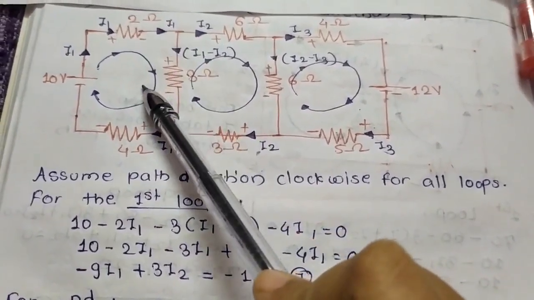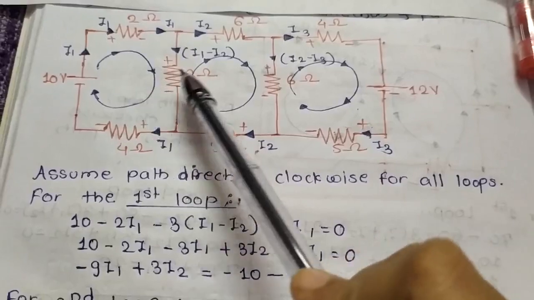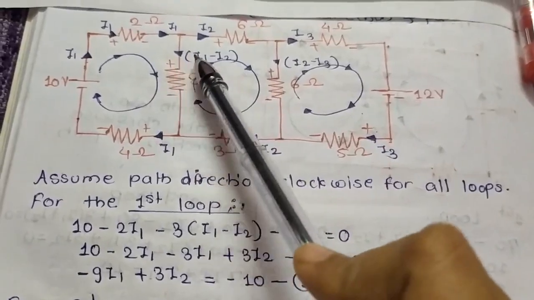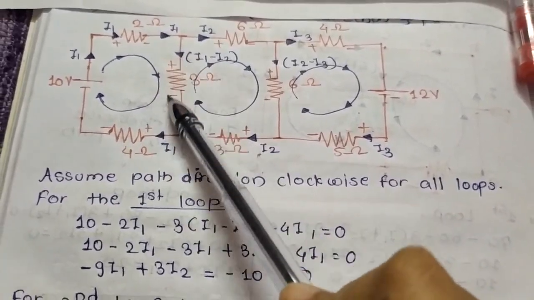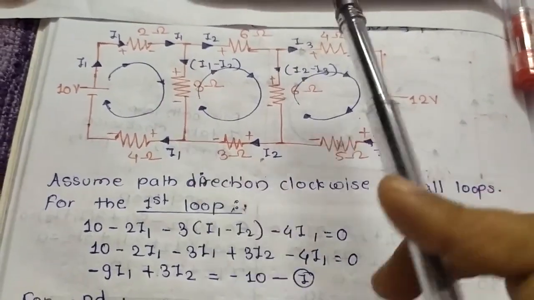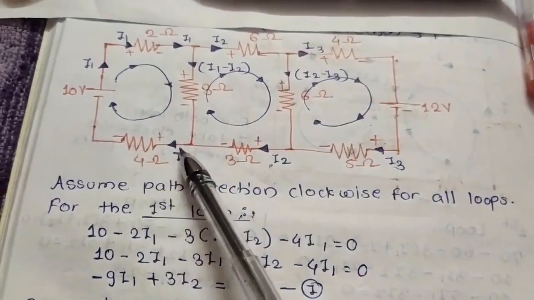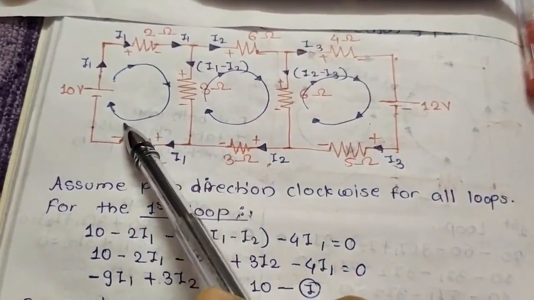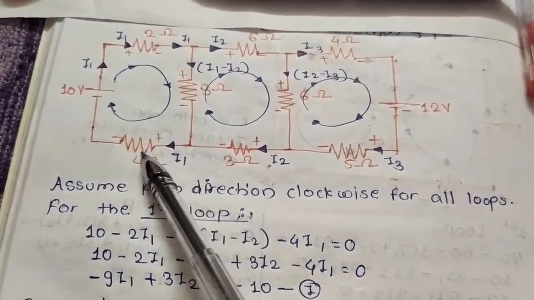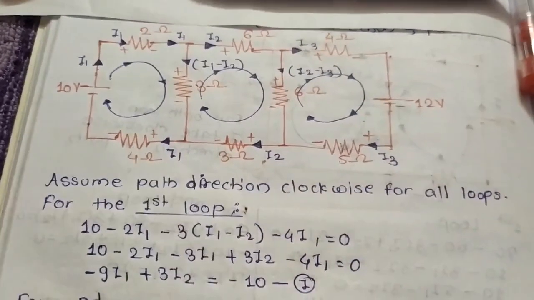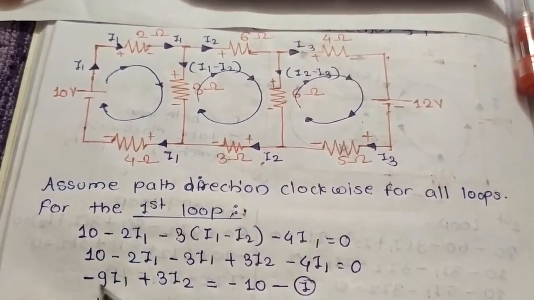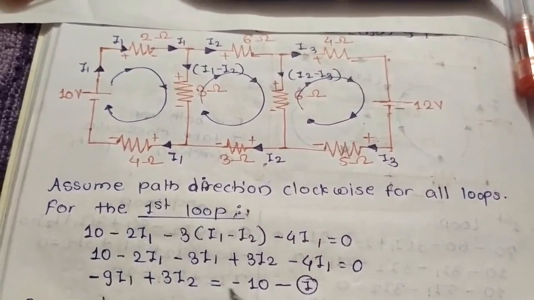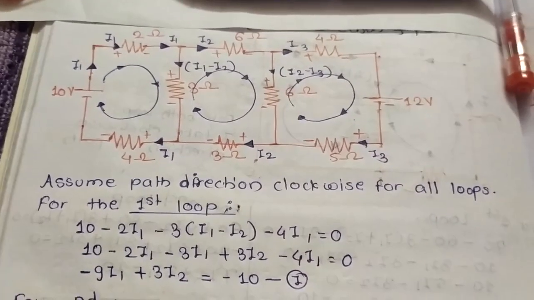Again for this branch, minus 3 into I1 minus I2, because loop direction is clockwise and current is also flowing in this direction. Again minus 4I1, because again loop direction and current flowing direction is the same. Simple mathematical calculation, we get minus 9I1 plus 3I2 is equal to minus 10.